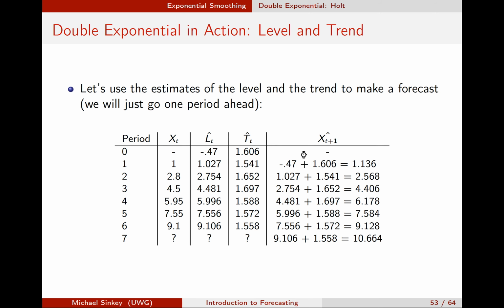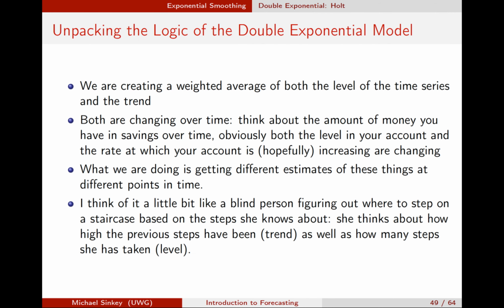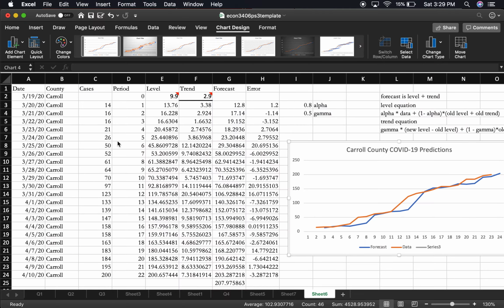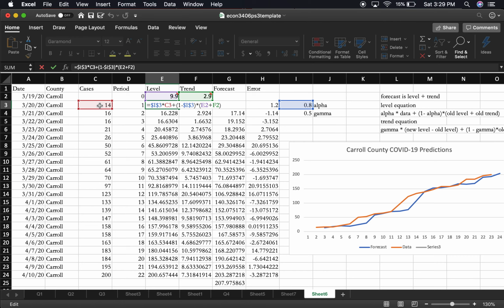So to summarize the double exponential smoothing model, how does it work? We have a level equation where we think the time series is to date. It incorporates the data. If we go back to Excel, here's the level equation. Note that it incorporates the data, the old level, and the old trend.